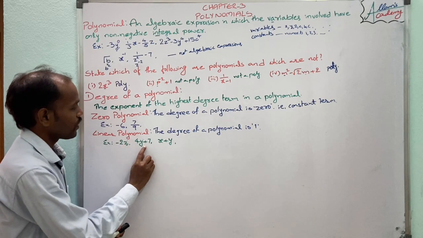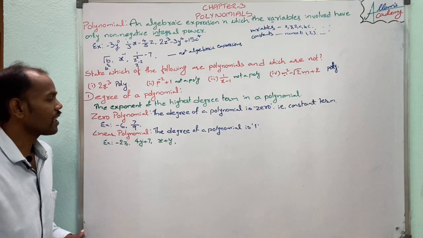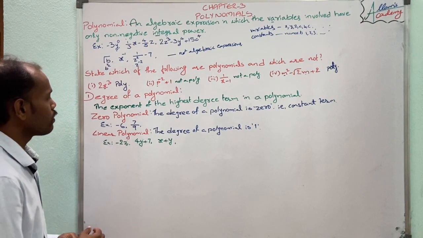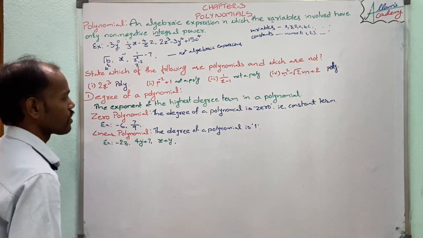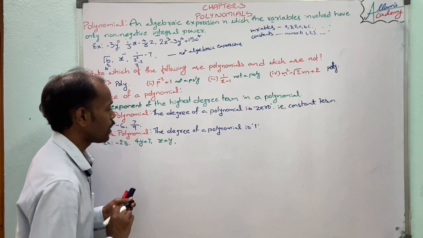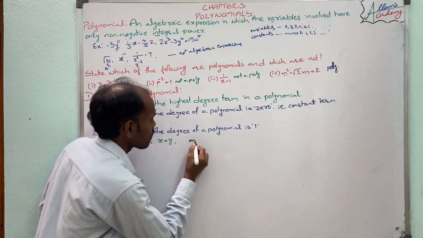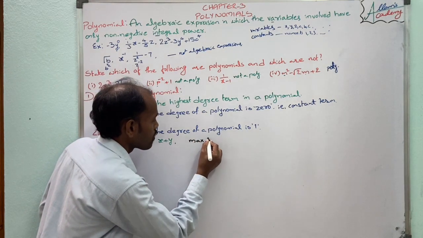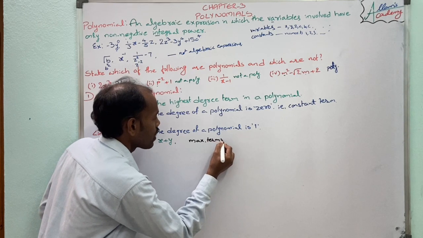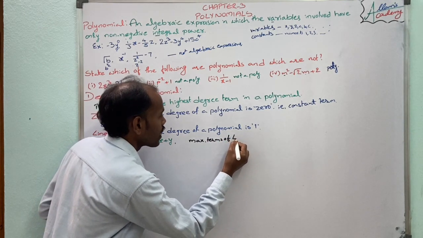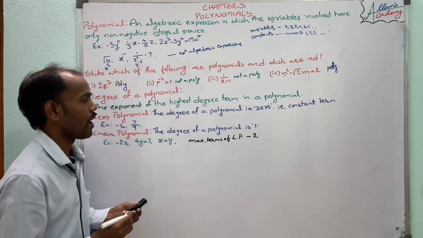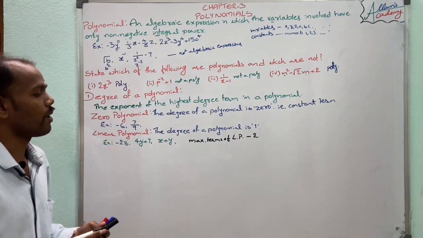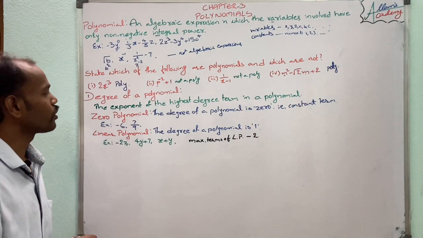And if we observe these three, the maximum number of terms in a linear polynomial is 2.